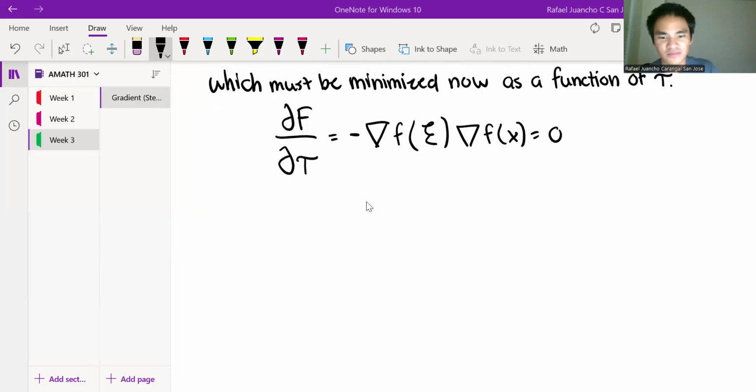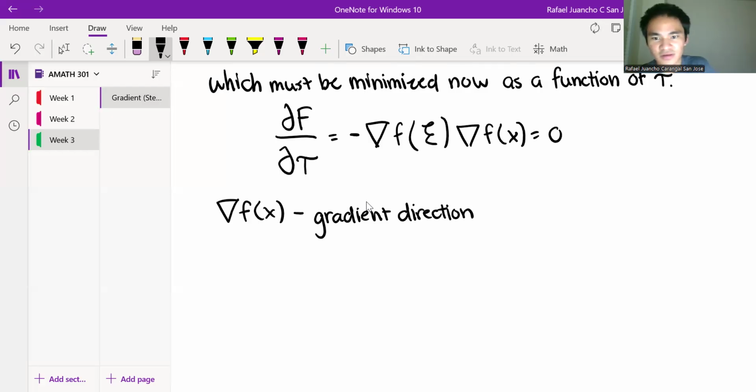So the geometrical interpretation of this result is the following. Here, this is essentially the gradient direction of the current iteration point.